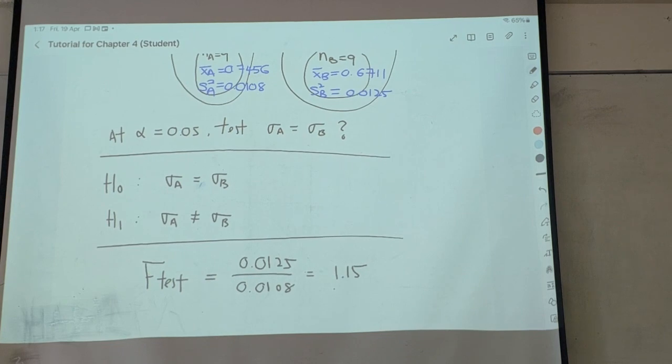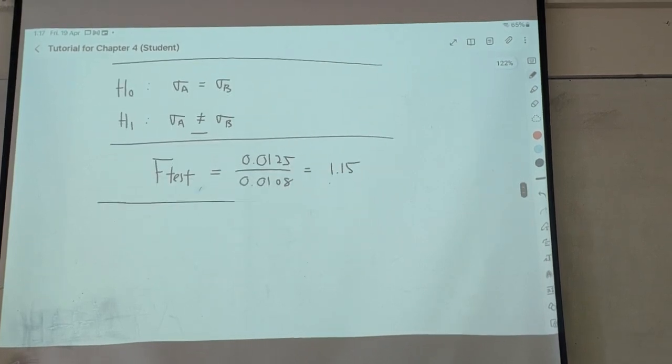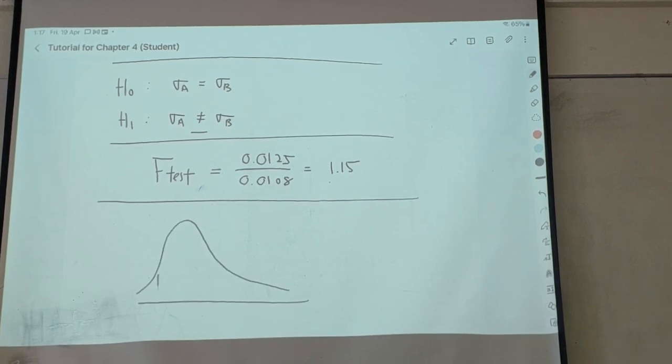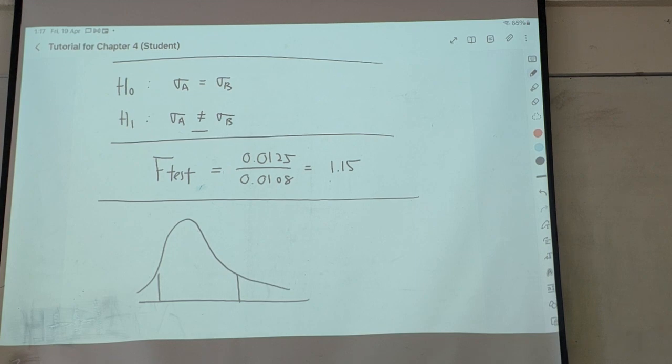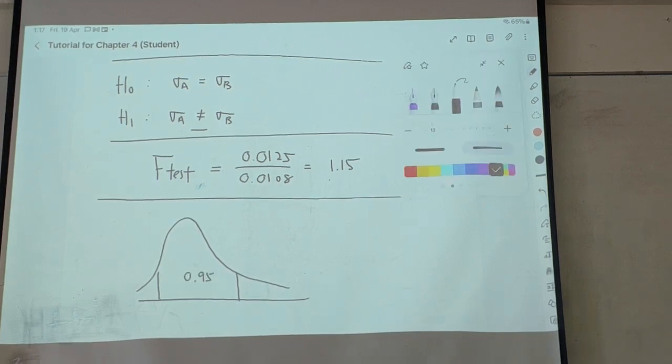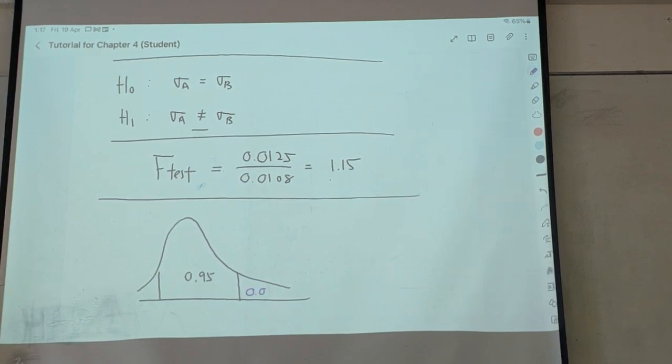Because the alternative is not equal, when we compare the critical value, there must be two. One here, one here. So here we take 0.95. Then from both sides, of course, this will equal 0.025.